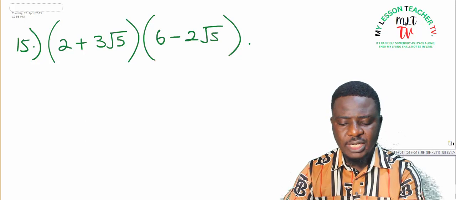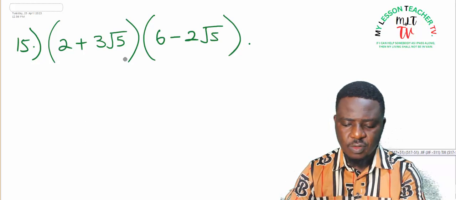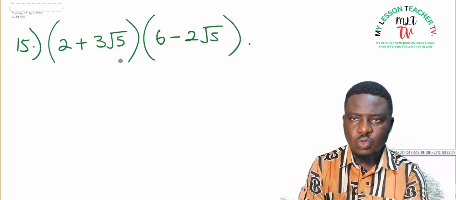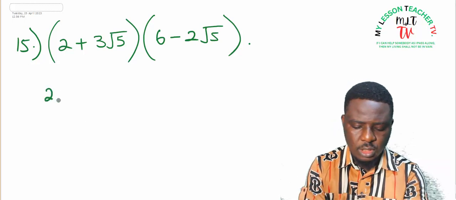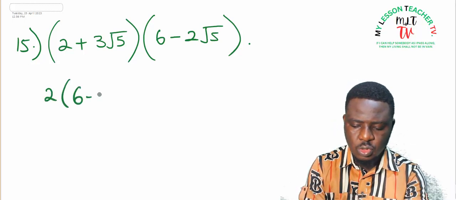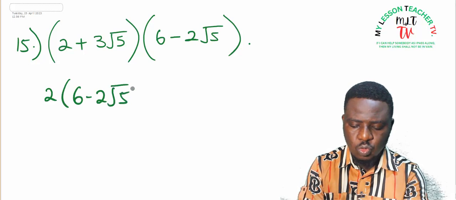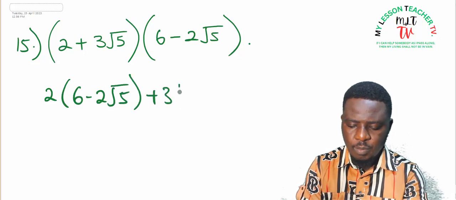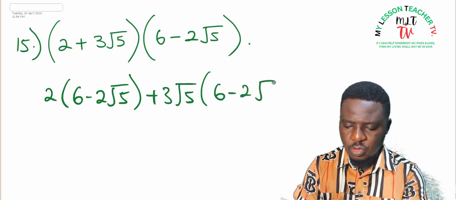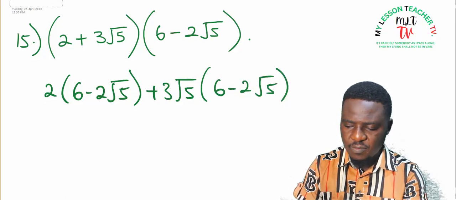Our last question for the day says we should multiply bracket 2 plus 3 root 5 by bracket 6 minus 2 root 5. Splitting the first bracket into 2 and multiplying with the second, you have 2 into 6 minus 2 root 5, plus 3 root 5 into 6 minus 2 root 5.